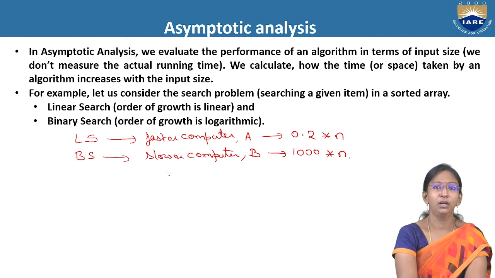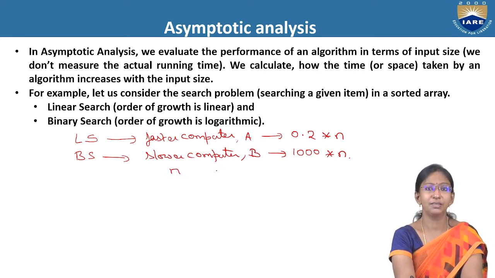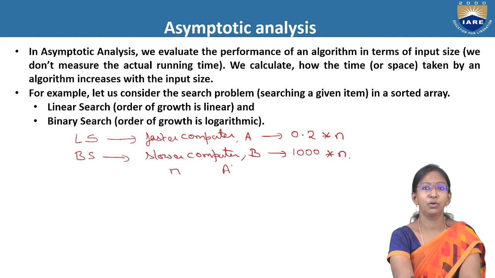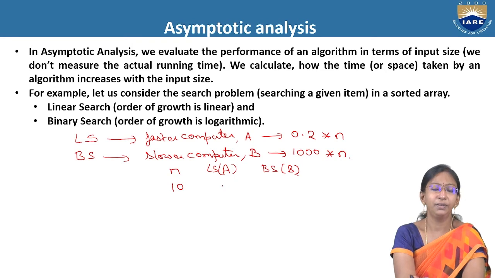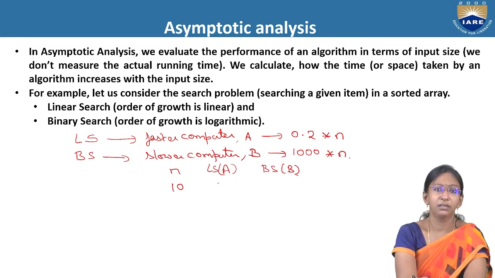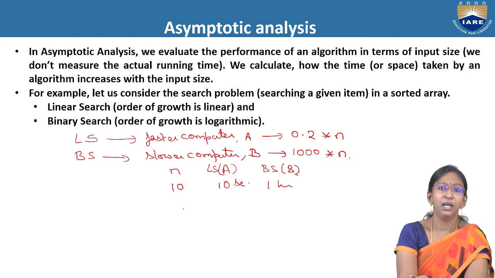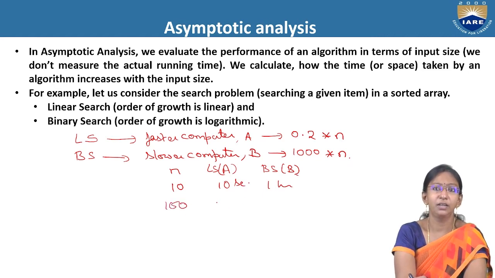Let's have a small look at this one. What is the size of n? What is the performance of linear search on A, and binary search on B? If the size is 10, then roughly it is going to take, say, 10 seconds, and the other around 1 hour, right? If it is 100, it is going to take roughly 2 hours, and the other some 3 hours.